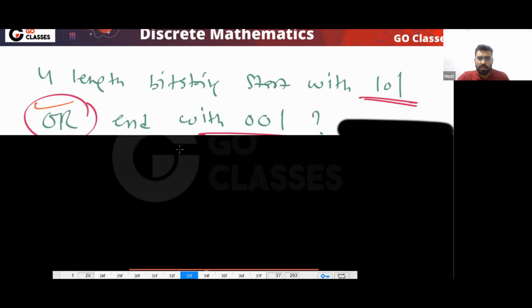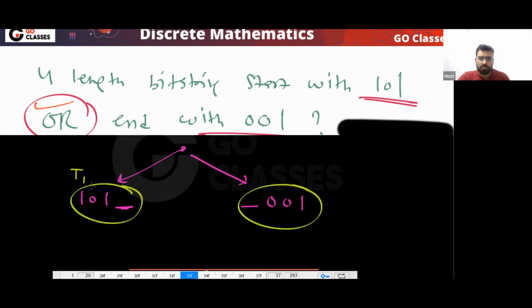Either you start with 101, or you end with 001. Are T1 and T2 disjoint? Yes, of course they are disjoint, because nothing is common.